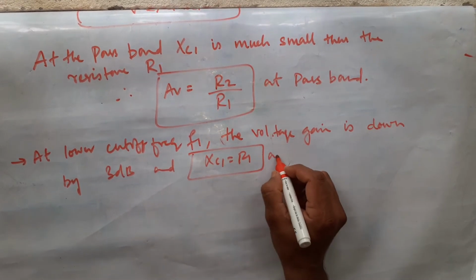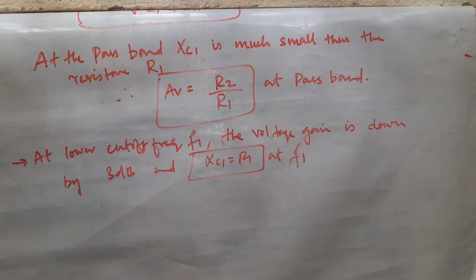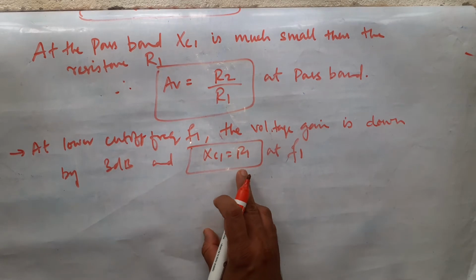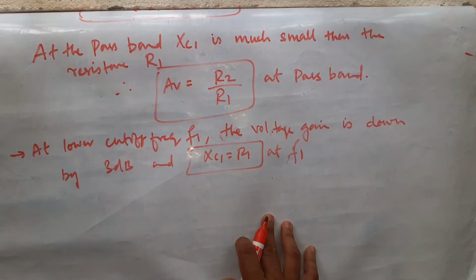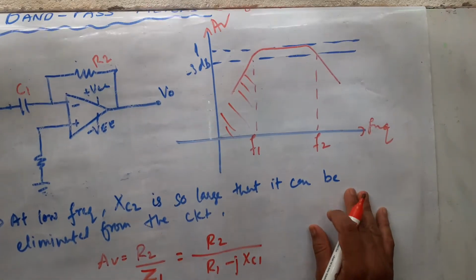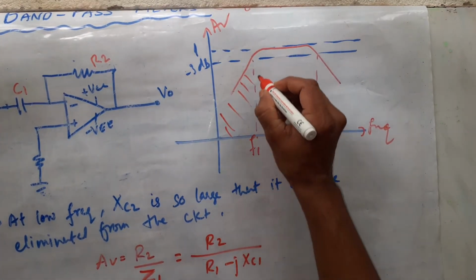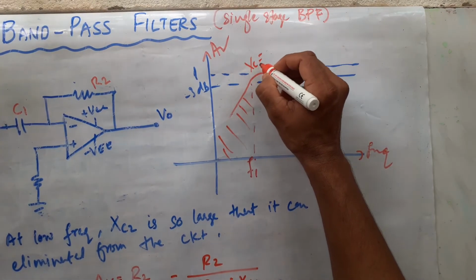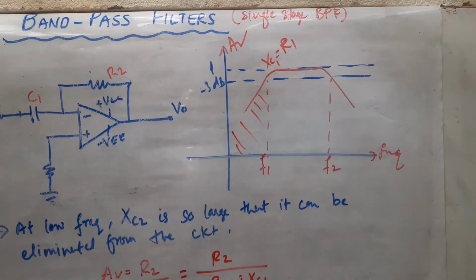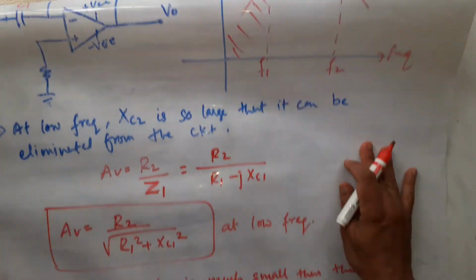This happens at F1. At F1, XC1 becomes equal to R1. So this is why the fall of minus 3 dB occurs here. See here, at this point your XC1 is equal to R1, to cause a fall of minus 3 dB.